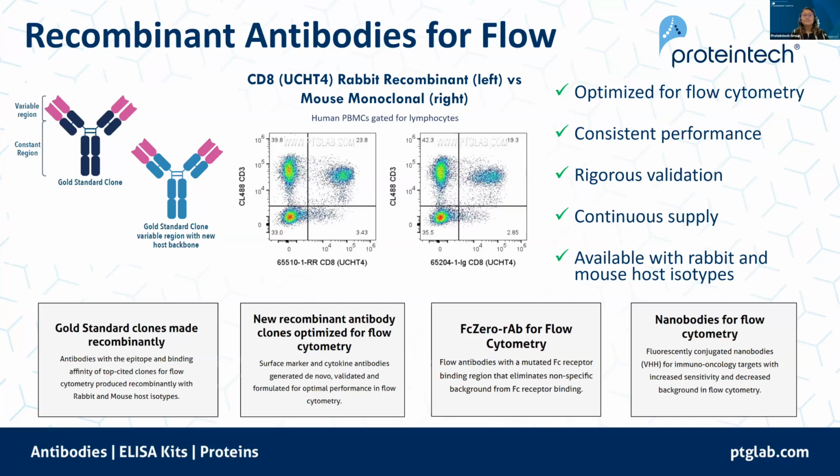These are known as our Fc0 Rab antibodies, and I'll talk more about those on the next slide. Finally, we also have our nanobodies for flow cytometry, specifically for immuno-oncology targets. Since these products are all recombinantly manufactured and rely on cloning into high-yield expression vectors, you get all the benefits of recombinants, such as consistent performance, high lot-to-lot consistency, and unlimited supply.